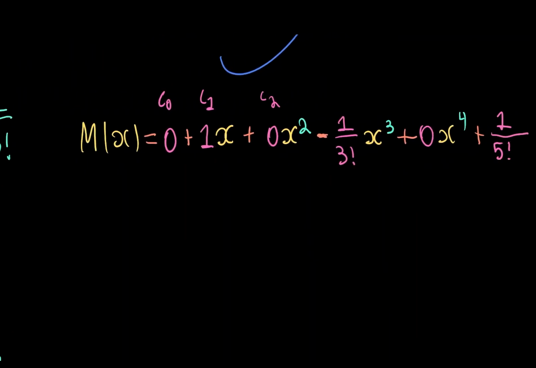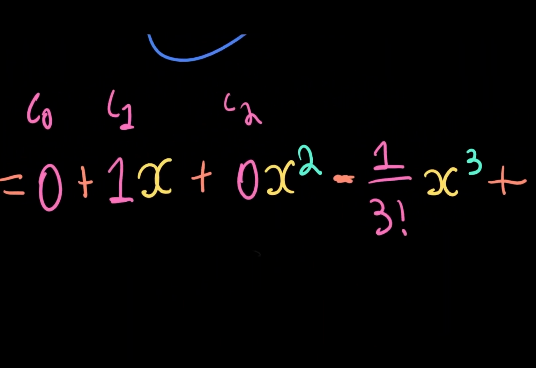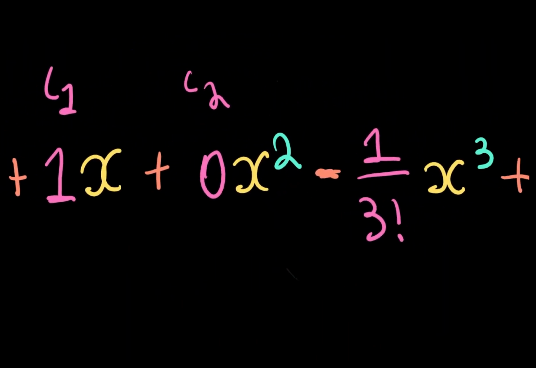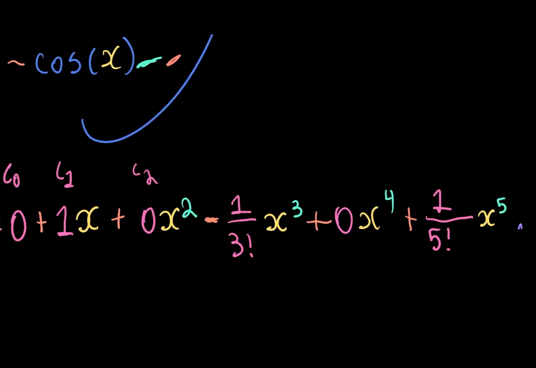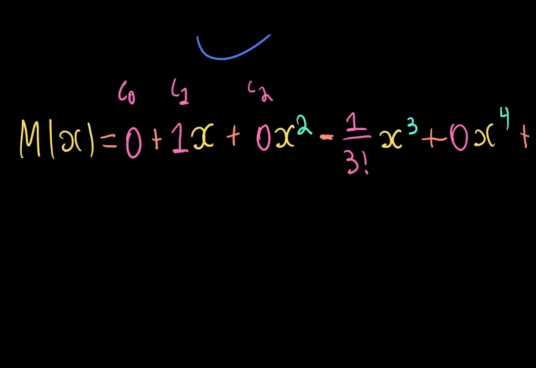We can notice every other term here collapses to 0. 0 times x squared, I don't care what x is equal to, it'll be equal to 0, because anything times 0 is 0. So then we can remove all these terms.